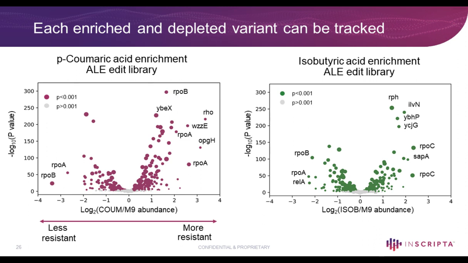Those are different mutations within the edited cell population, and we can just track those. Then with isobutyric acid, you see the same type of thing, where rpoC or rpoB show up and can have a substantial effect on growth, or are essentially enriched within isobutyric acid. But you see that rpoA is not showing up as one of those edited populations that's highly enriched.